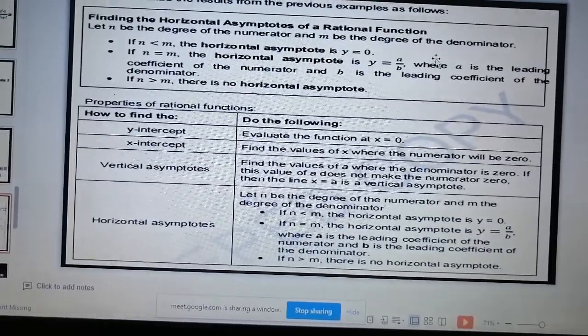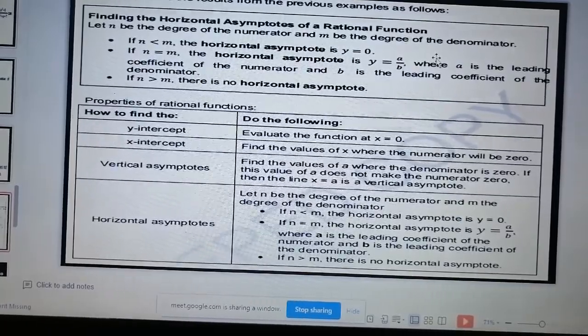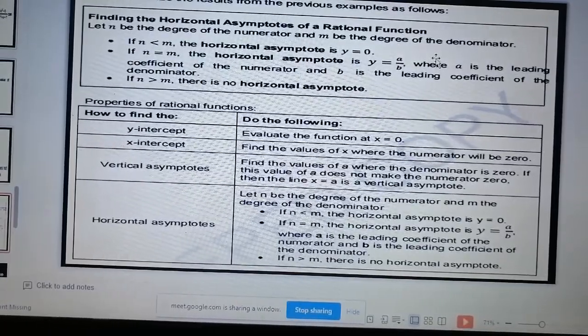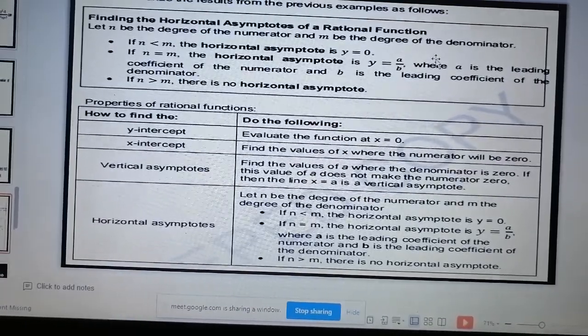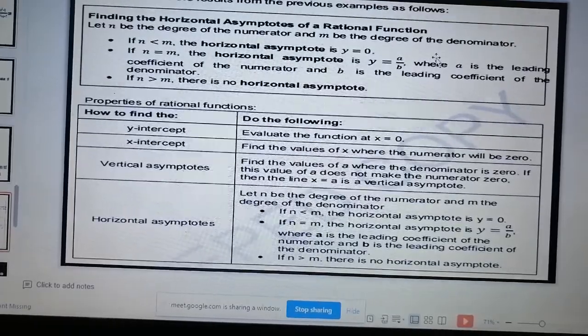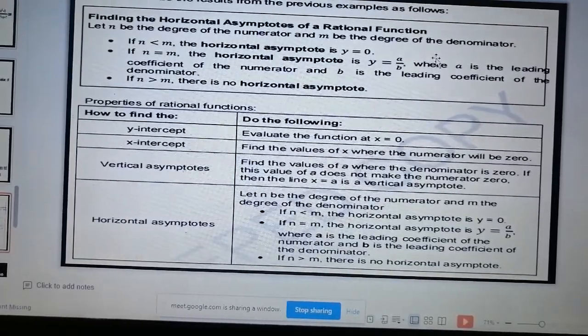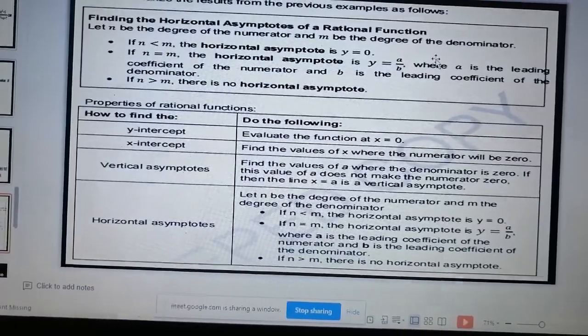So, if n is less than m, the horizontal asymptote is y is equals to 0. Okay, ang sabi dyan, kapag daw ang numerator ay less than denominator, ang horizontal asymptote niya ay y is equals to 0. Tama?